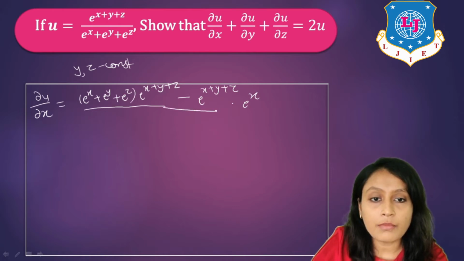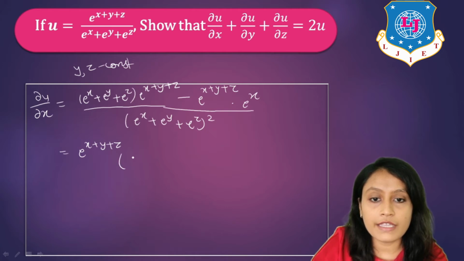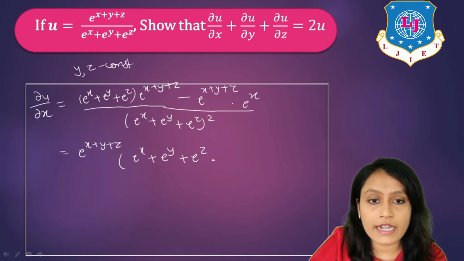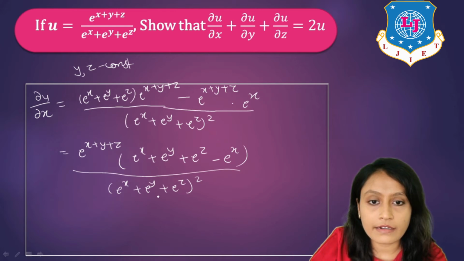Okay, and upon the denominator square, that is e raised to x plus e raised to y plus e raised to z whole square, right? Now just take e raised to x plus y plus z common. So what you will get? E raised to x plus y plus z common, and here we have e raised to x plus e raised to y plus e raised to z minus e raised to x upon e raised to x plus e raised to y plus e raised to z whole square, right?